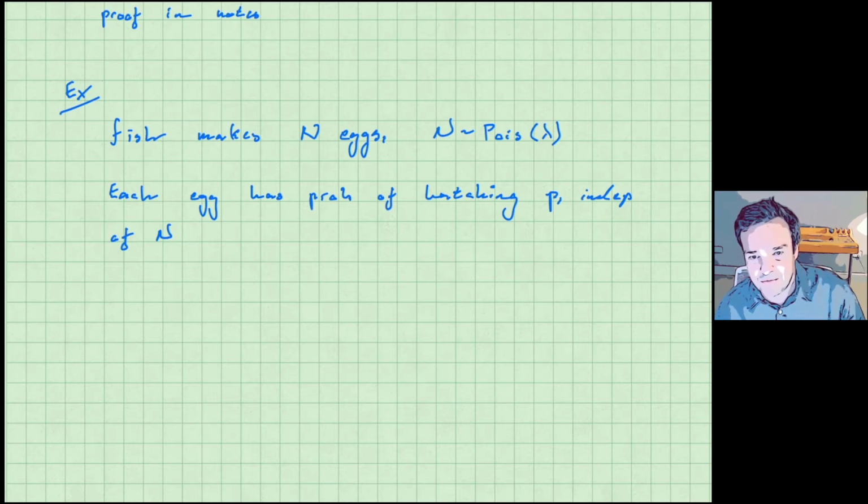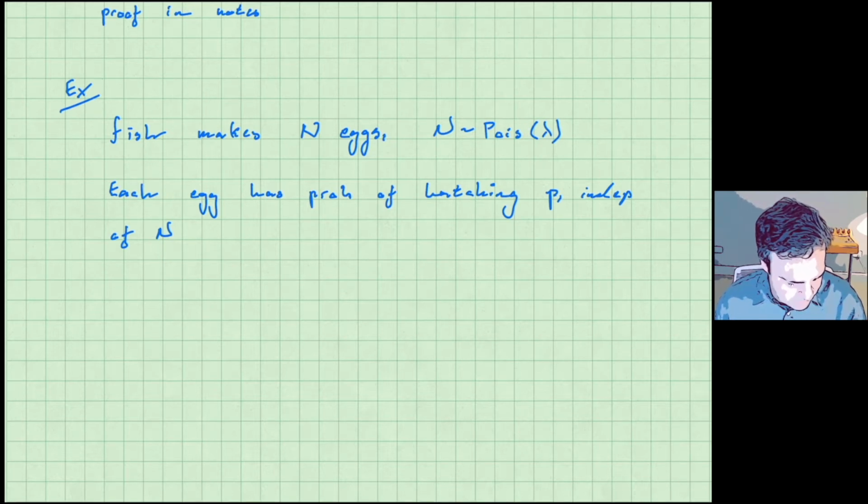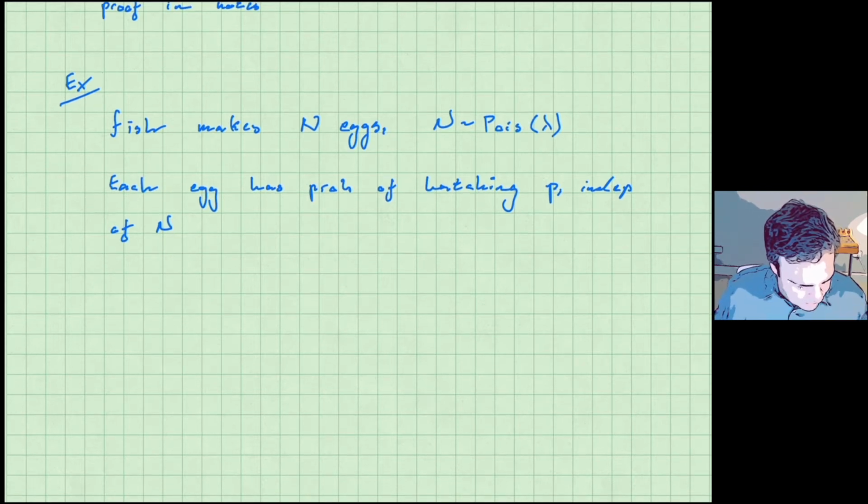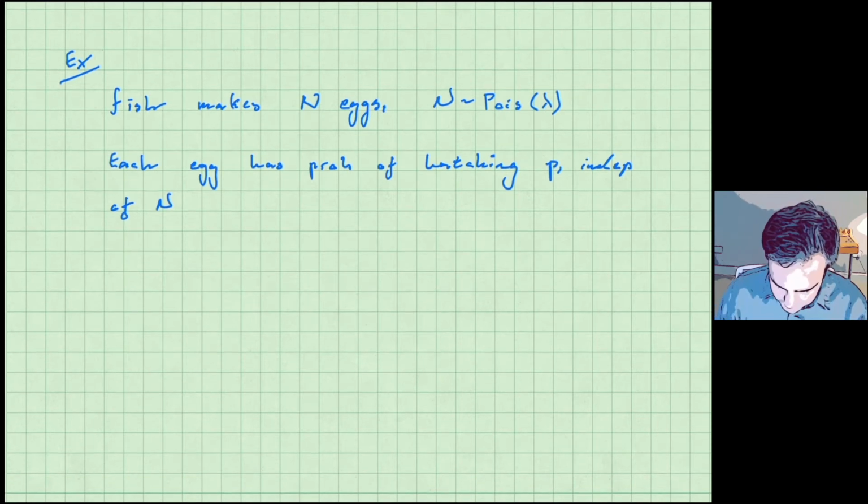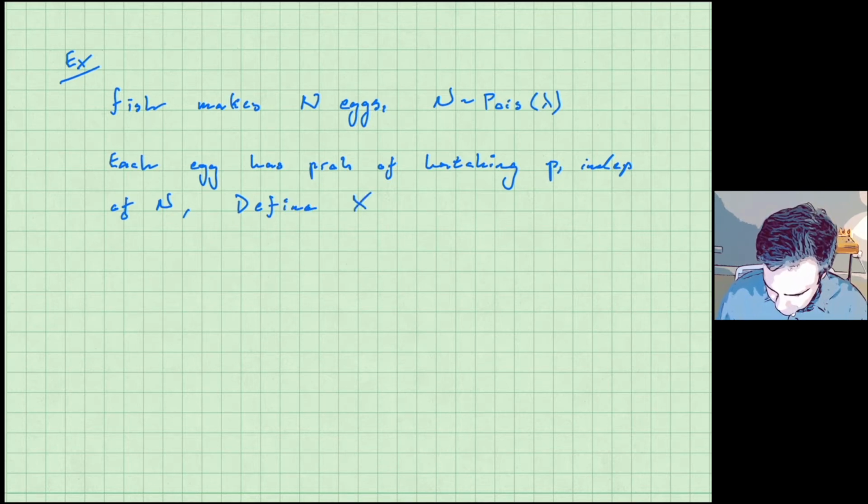But let's suppose that this little p is independent of the number of eggs that were hatched. Okay, so then we're going to define our little x's. Define these xi's to be IID, independent, identically distributed.